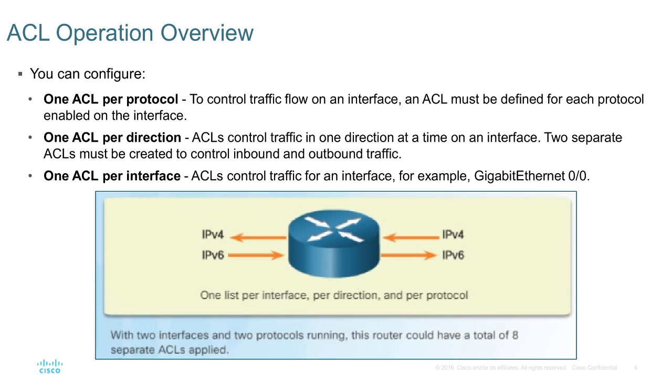Another important thing that we need to remember about access control lists is that these rules have to be specified one access control list per protocol. That is, if we are using IPv4 and IPv6, then we should have an access control list for both IPv4 and IPv6. Then one ACL per direction.